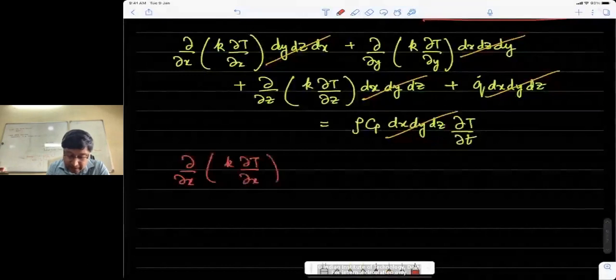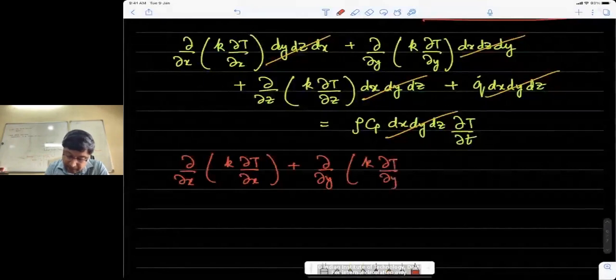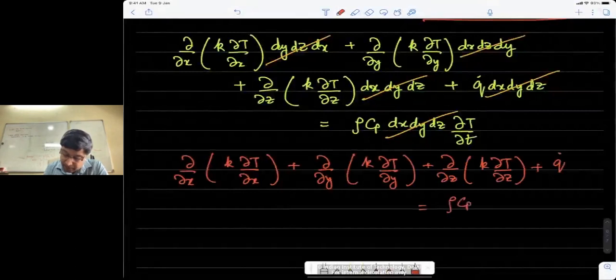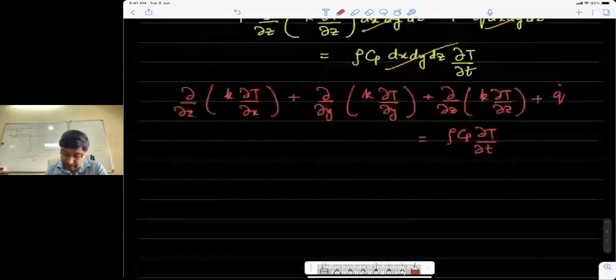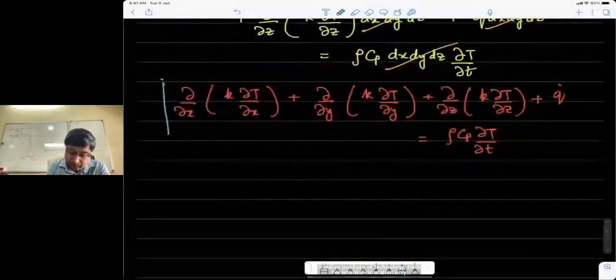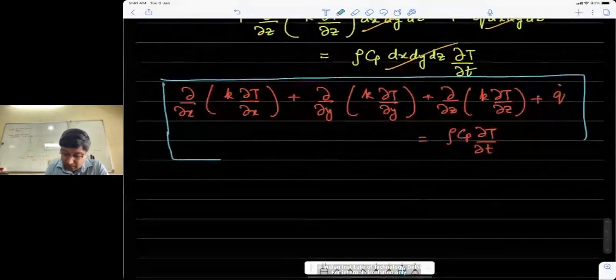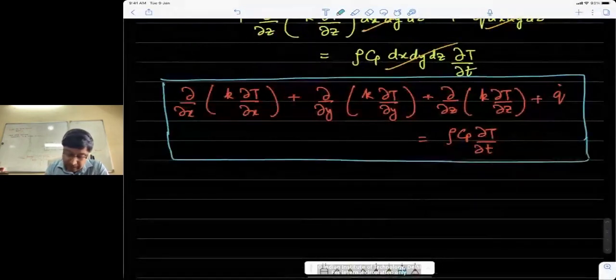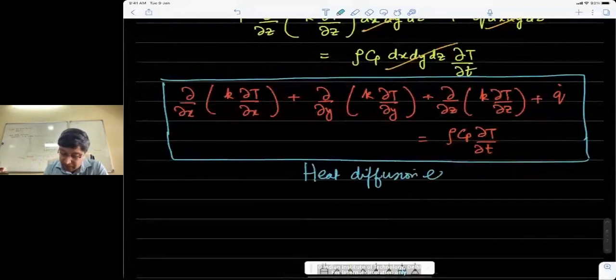So we have d/dx of k dT/dx plus d/dy of k dT/dy plus d/dz of k dT/dz plus q dot equals rho cp dT/dt, and that is the heat diffusion equation that we will very commonly use from now on.